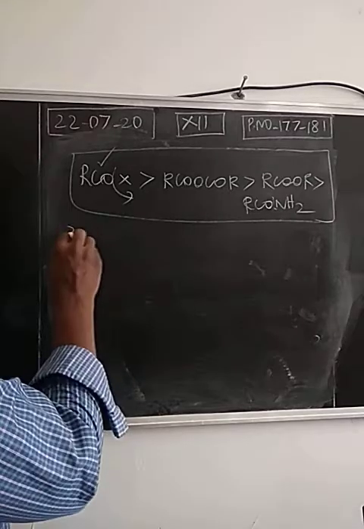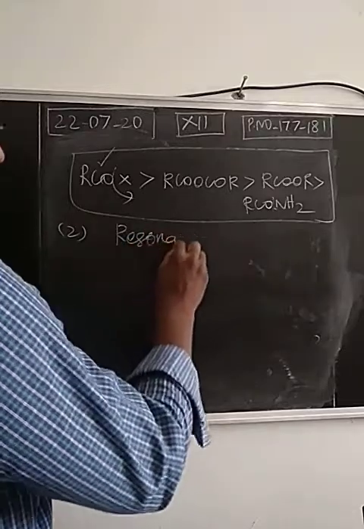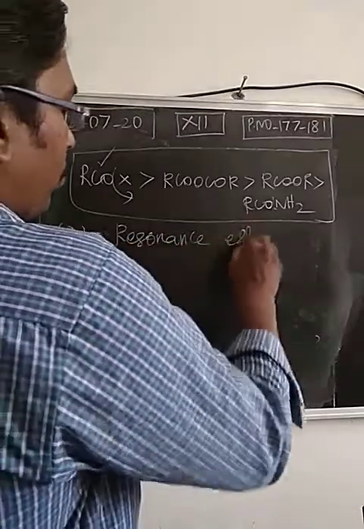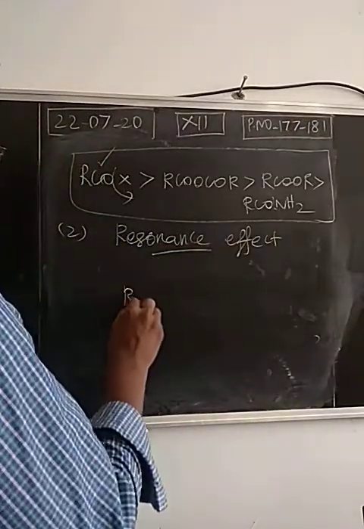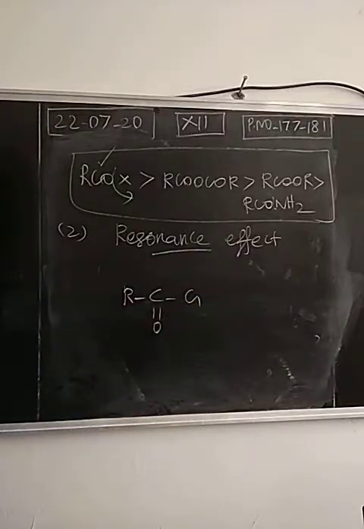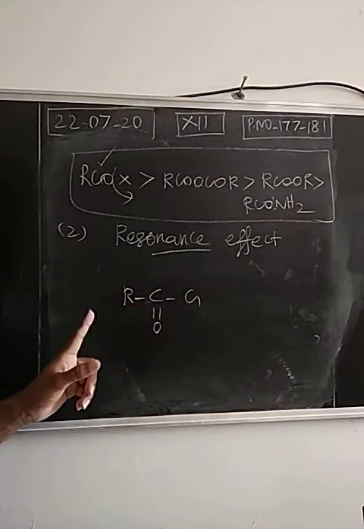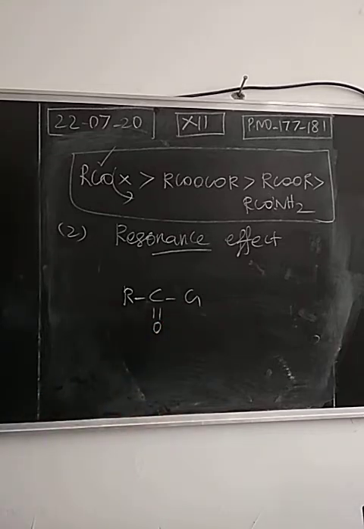Next one, we are going to explain based on resonance. In carboxylic acid, OH is replaced by a group or an atom, any one.